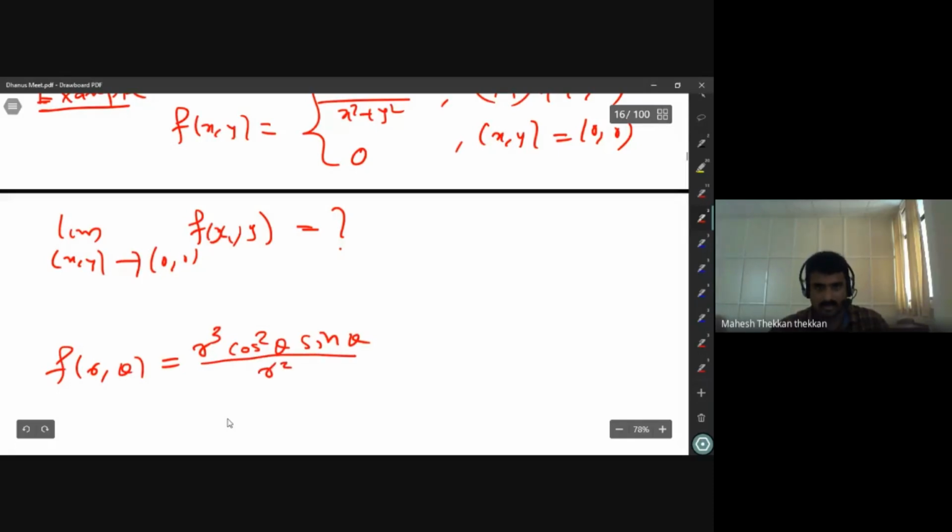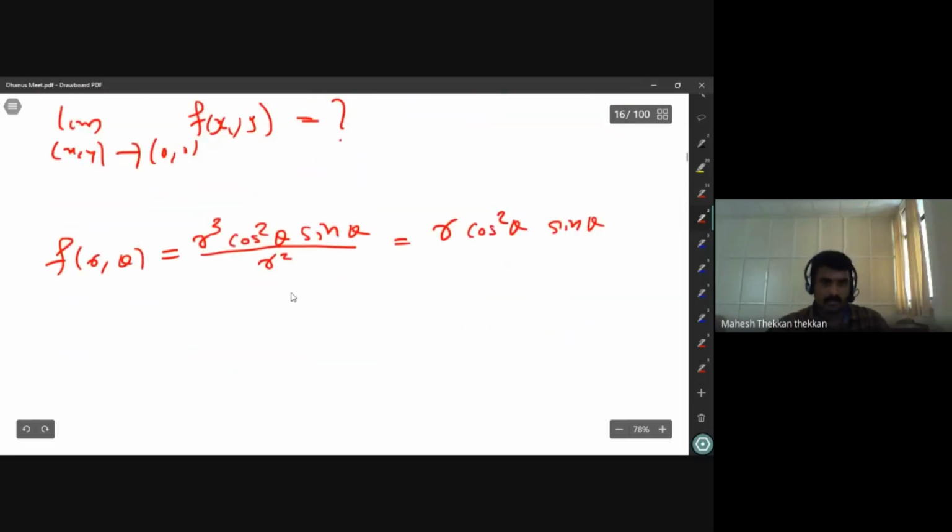So it will be nothing but r cos square theta sin theta. Now I look at the modulus of this f of r theta. I can bound it by r, because cos square theta and sin theta are both bounded by 1. So modulus of f of r theta is less than or equal to r.